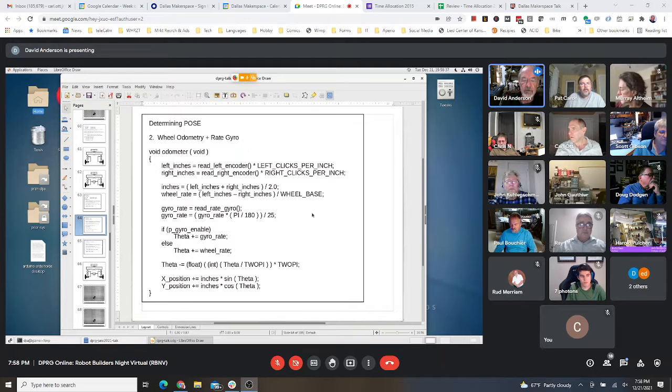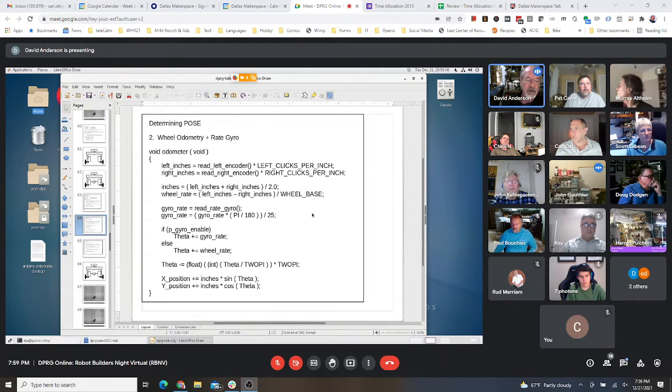And I'm running at a 25 hertz control loop, so what I really need is radians per 25th of a second. So that gyro rate times pi over 180 divided by 25 puts the gyro rate and the wheel rate in the same kind of numbers. And then finally, if the gyro is enabled, then the theta gets incremented from the gyro rate rather than the wheel rate. Everything after that is the same.